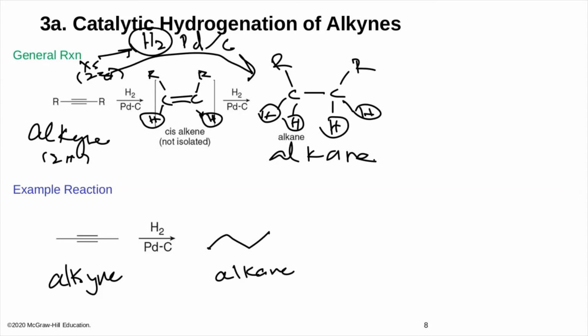So I've added 2 equivalents. When we write reagents over the arrow, a lot of times that means that the reagents are added in excess. So sometimes we write that we've added 2 equivalents or excess, and sometimes it's just understood. So we just have to know the stoichiometry of the reaction. We have to understand alkynes fully react with 2 equivalents to make the alkane. All right.